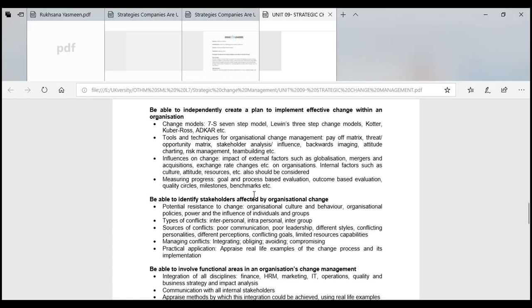So we need to look around. If we do not fulfill the requirement of the customer, the customer is not going to buy. Of course, we need to give more dividend to the shareholder, but we need to satisfy the customer, because ultimately the customer is king.